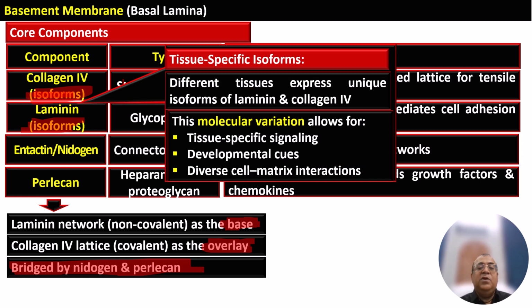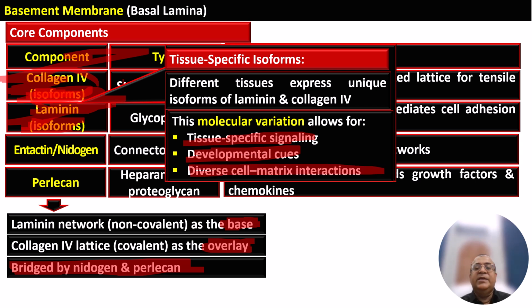So these isoforms of collagen 4 and laminin are responsible for tissue-specific signaling, developmental cues, and diverse cell-to-matrix interaction.